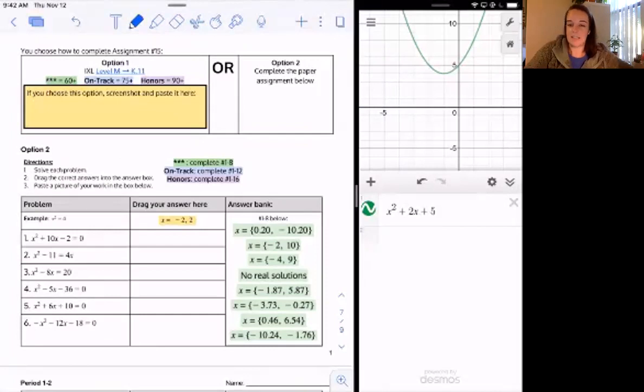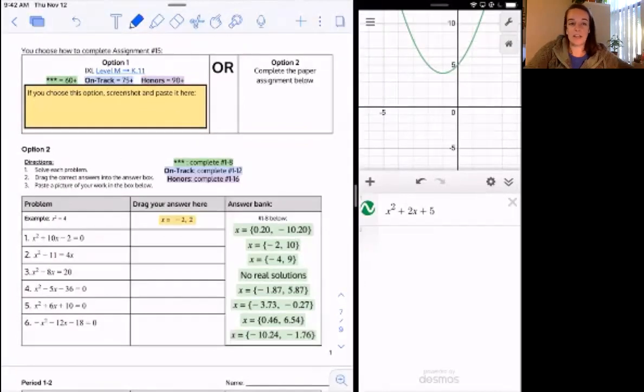You are doing the exact same thing as Tuesday where you're dragging in the correct answer, and then you're going to show your work at the bottom. If you prefer IXL, there is an IXL option. You're more than welcome to pop into IXL. Other than that, you guys can go ahead and get started today.